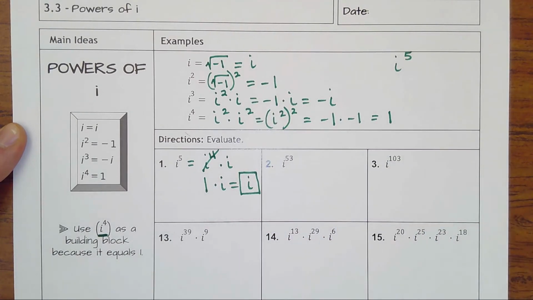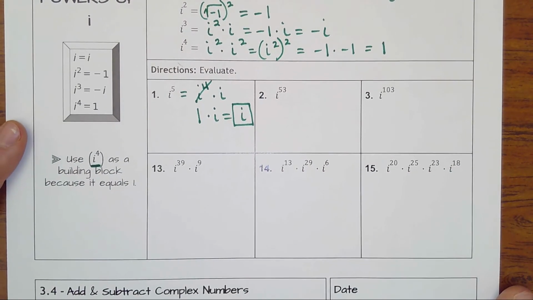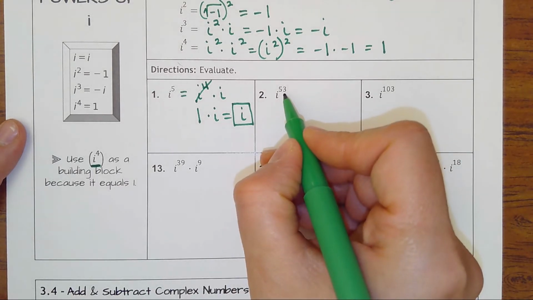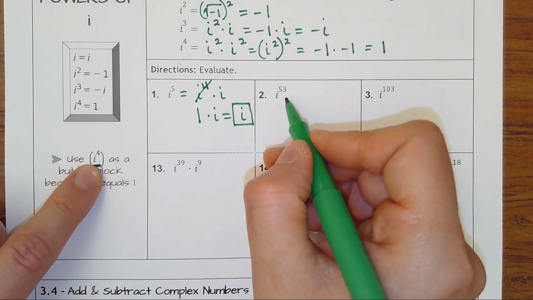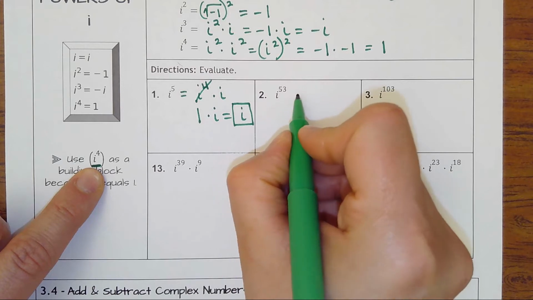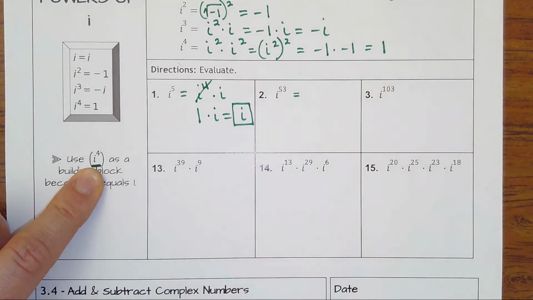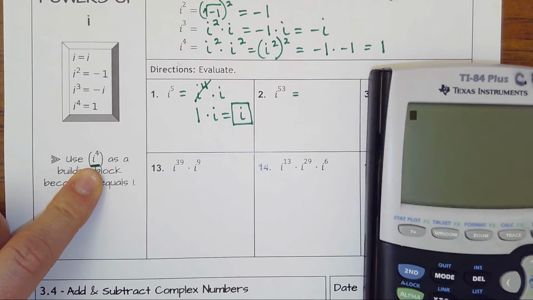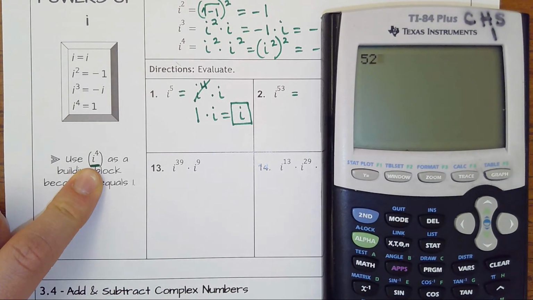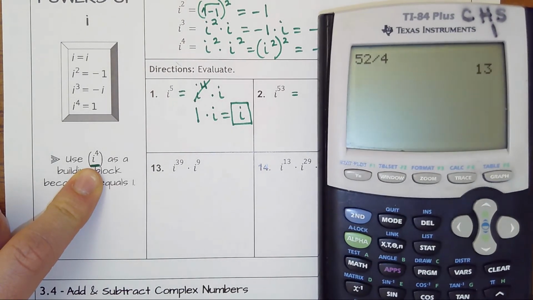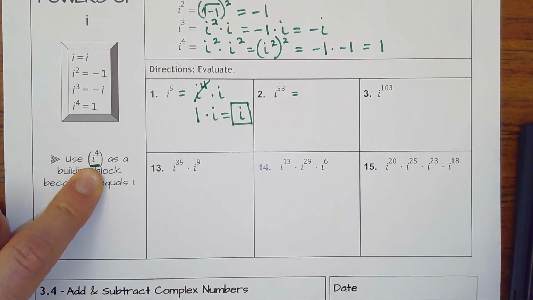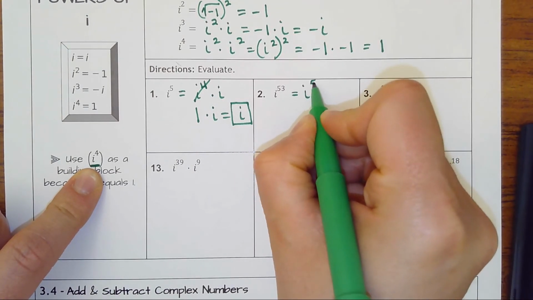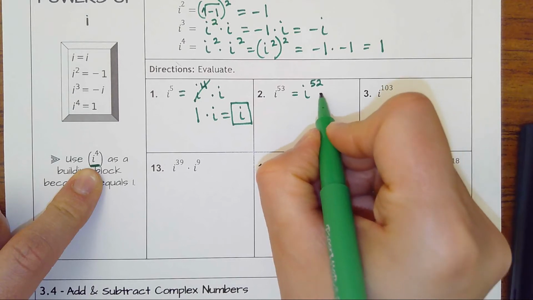Okay, so number 2, i to the 53. We're trying to think about how many i to the fourths are in that. Let's break that up. 53 doesn't divide by 4. What about 52? Yes, 52. So I'm going to write i to the 52nd power times another i.